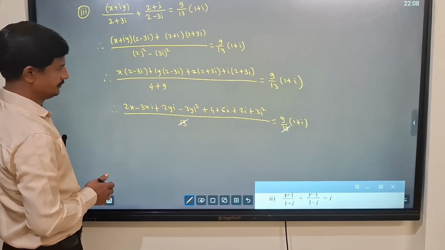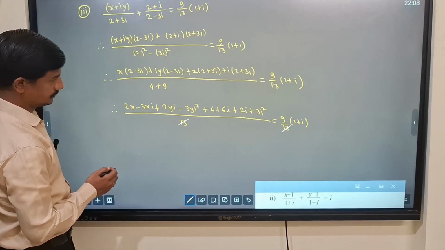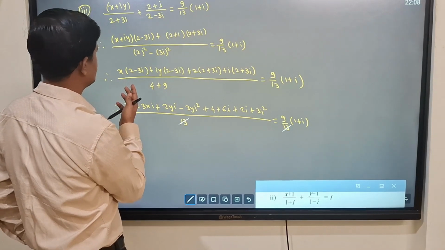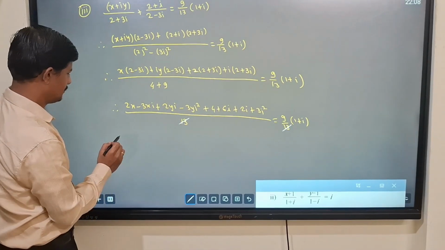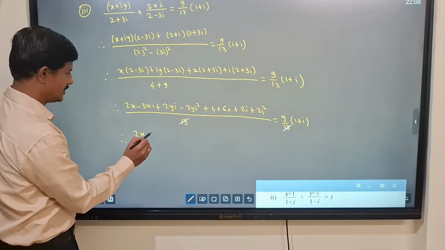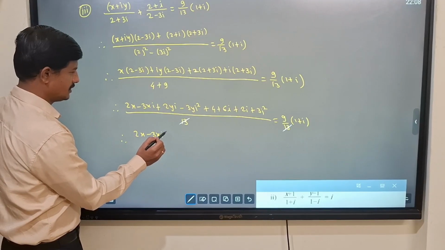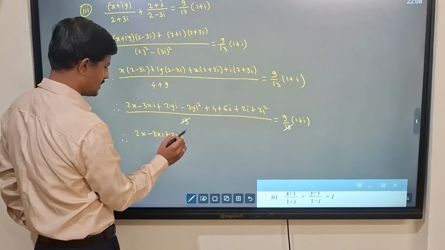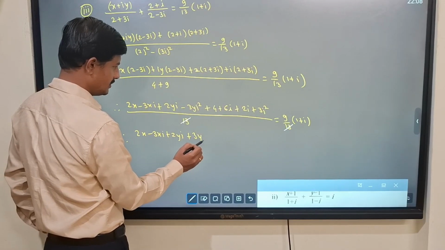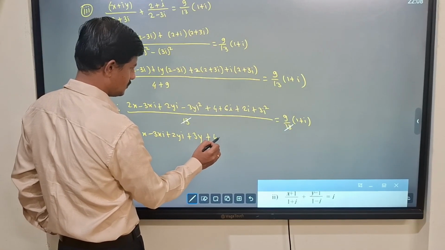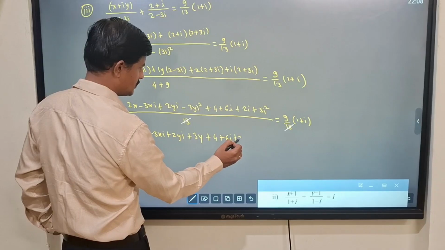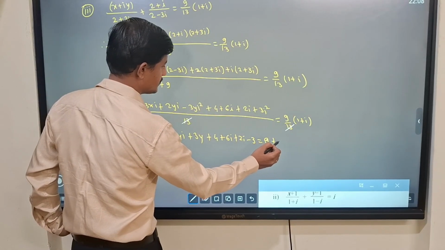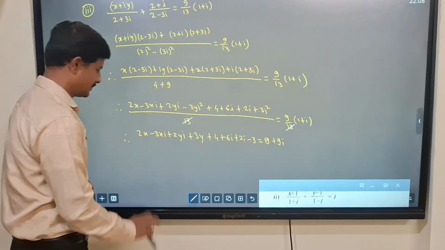Now see, okay, here simply single y term is not existing, so I will write down 2x minus 3xi plus 2yi, i square becomes minus 1, this becomes plus 3y, plus 4 plus 6i plus 2i, and this becomes minus of 3, equal to 9 plus 9i.